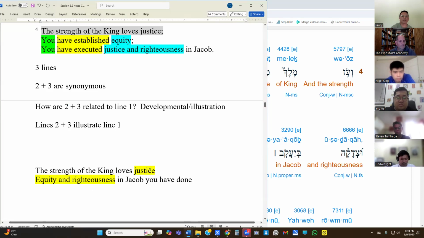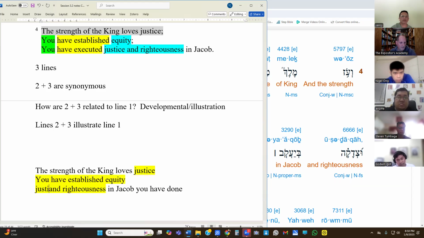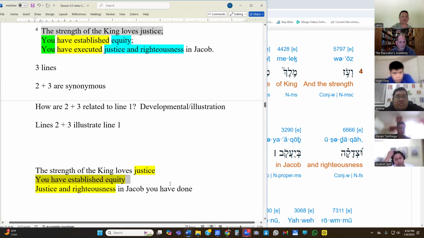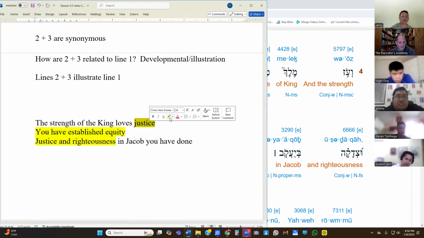Sorry about that, guys. I mixed this up. You have established equity. And then the next line is justice and righteousness in Jacob you have done. So it's these two lines that I'm interested in.